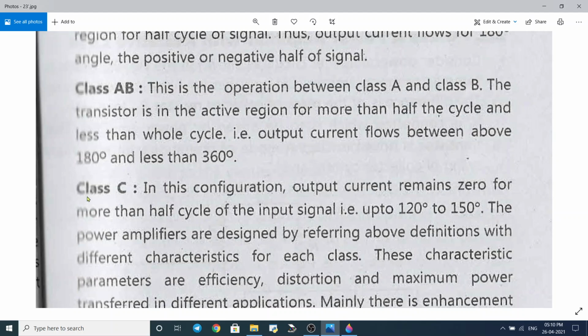And the last one is class C. In some applications we need this class C type operation, in which the current flows for less than half cycle. Means the current does not flow, the current remains zero for more than half cycle.